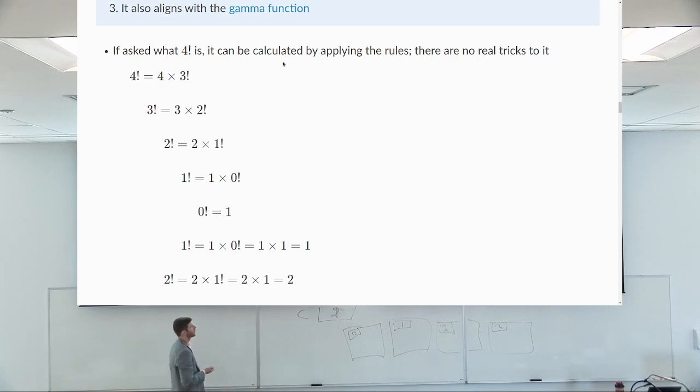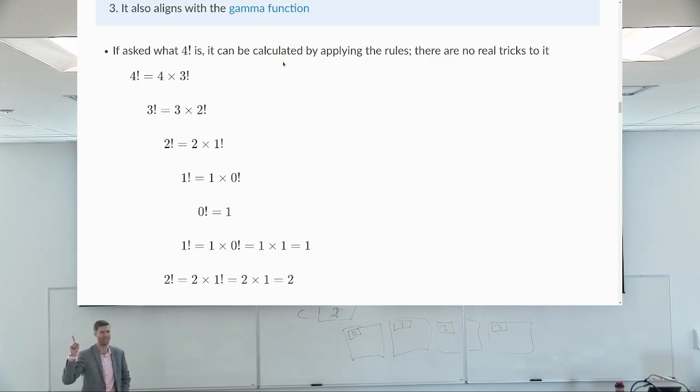What's 3 factorial? It's going to be that second case again, because 3 is greater than 0. So 3 factorial is 3 times 2 factorial. What's 2 factorial? I don't know yet. 2 factorial is 2 times 1 factorial. What's 1 factorial? I don't know yet. 1 factorial is 1 times 0 factorial. What's 0 factorial? I know what 0 factorial is.